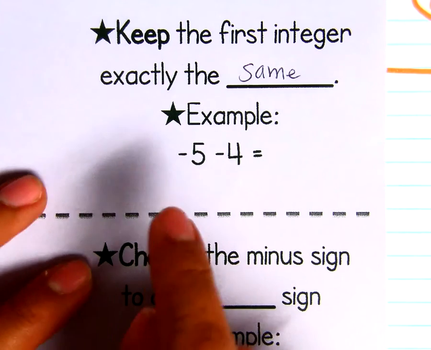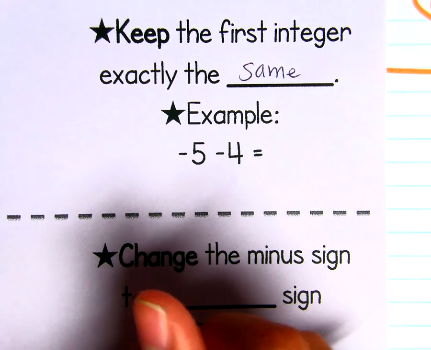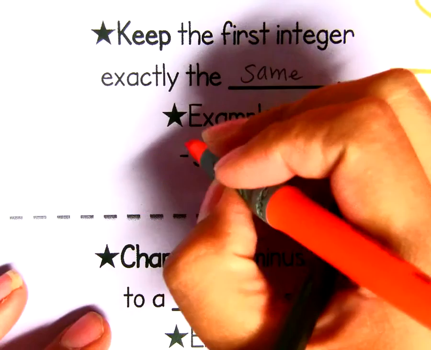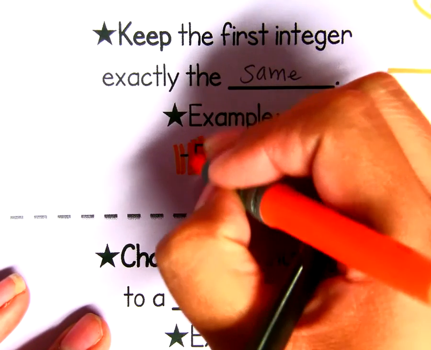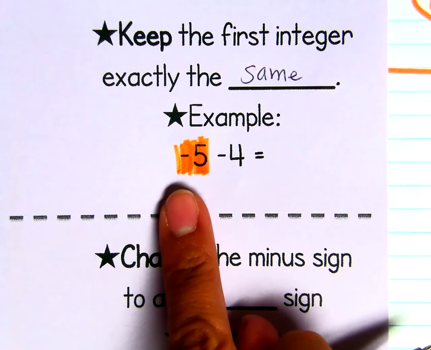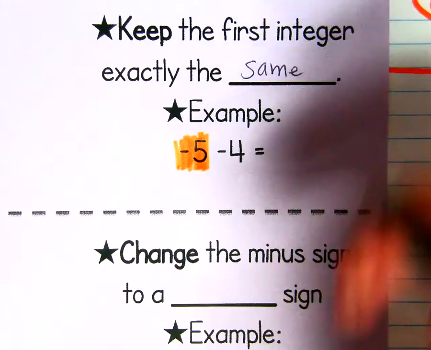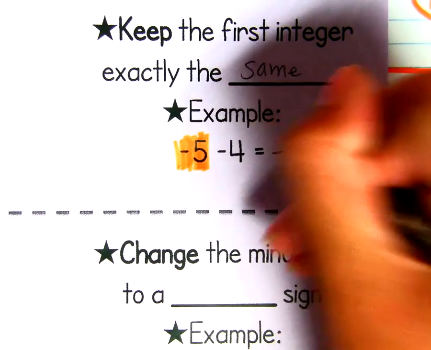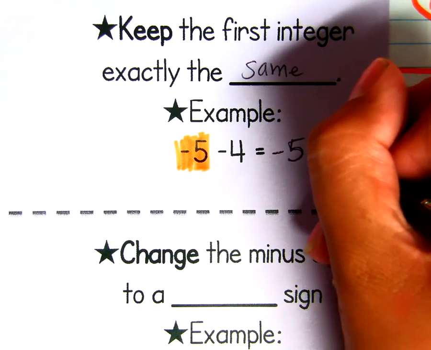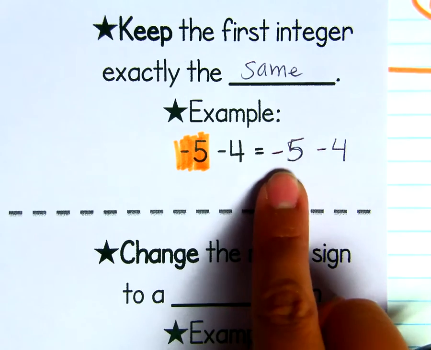Are we going to do anything to this negative 5? No, we're going to keep it the same. It's still going to be a negative 5, so you would write that. We're not changing anything with that first one.